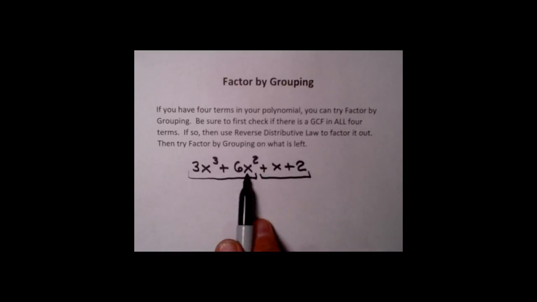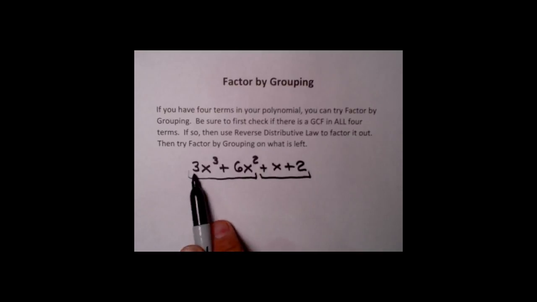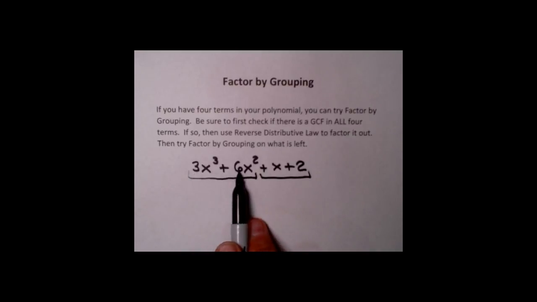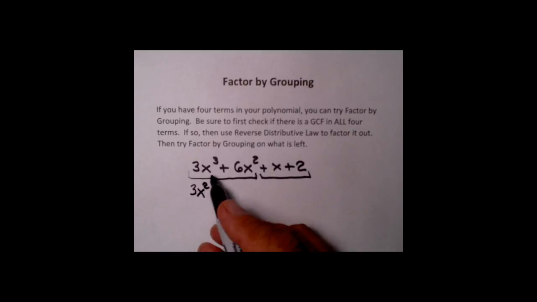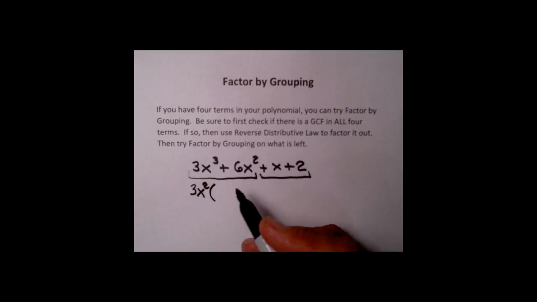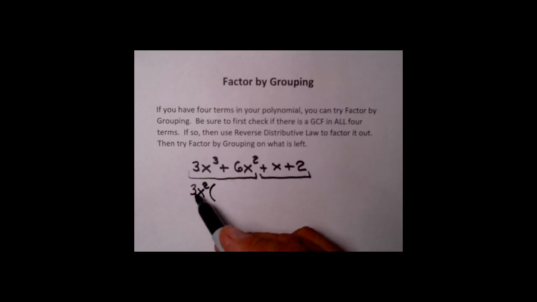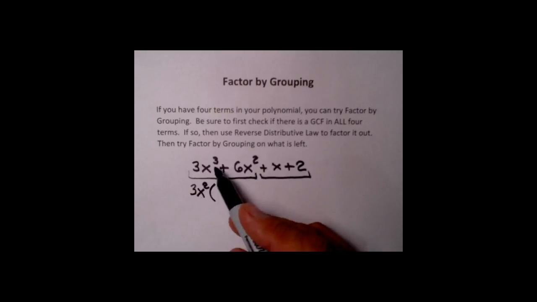Looking at the first two terms here, we see there's a common 3 that we can factor out of both the 3 and the 6. And the lowest number of x's we have is 2. So 3x squared is going to be the GCF of the reverse distributive law on these two. And now we put the leftovers inside the parentheses. Well, what do we have to multiply 3x squared by to make 3x cubed?